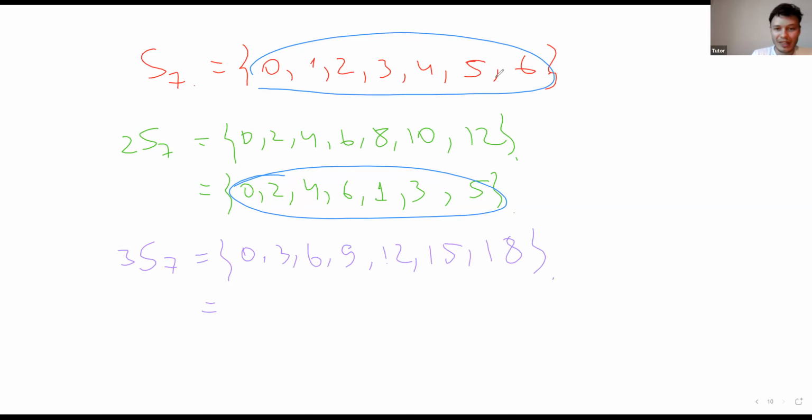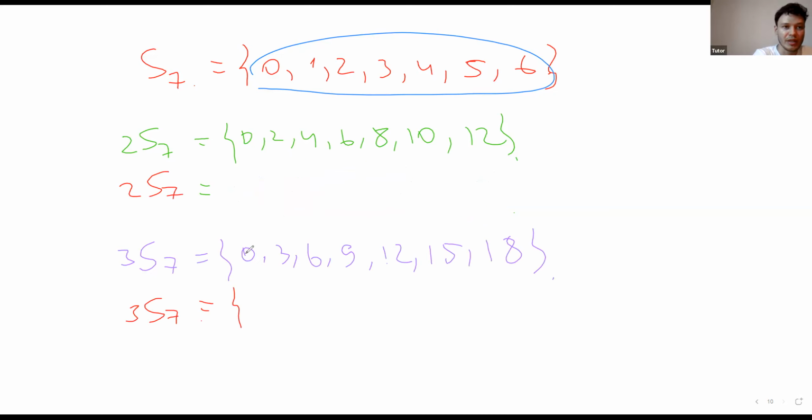Now if I look at these remainders mod 7, let me use red color, so that it looks more aesthetically pleasing. It's going to be 0, 2, 4, 6, 1, 3, 5.